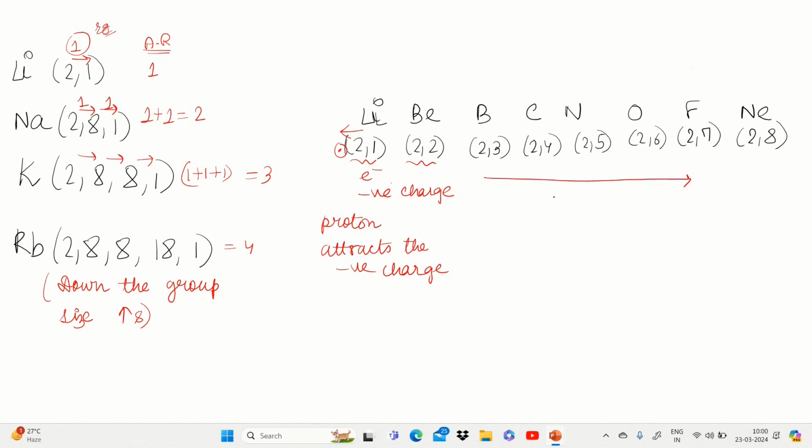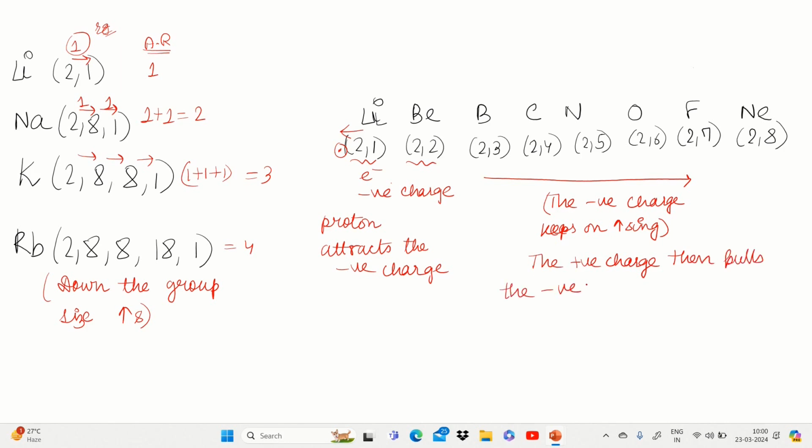As we move along the period, the negative charge keeps on increasing, and the positive charge then pulls the negative charge with greater attractive force.